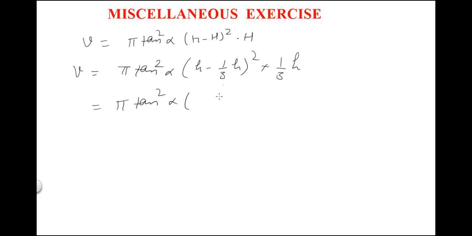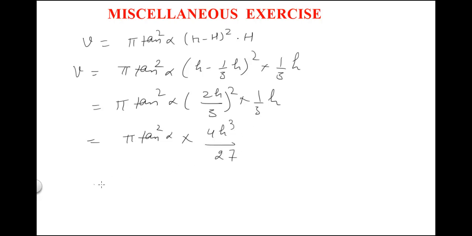Now 3h minus h is 2h upon 3 whole square into 1/3 h. So we get pi tan square alpha multiplied with 4h cube upon 3 3s are 9, 3 9s are 27. So we can write it as 4/27 pi tan square alpha h cube.